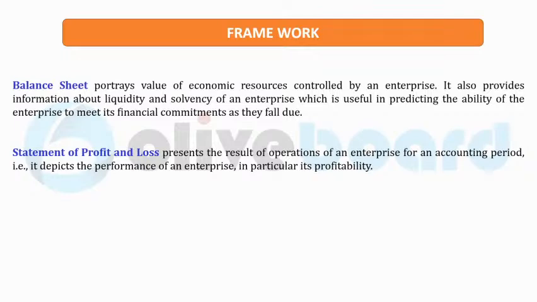So, what is meant by balance sheet here? The balance sheet will always talk about your liabilities and your assets. That's it: what you own and what you owe. Owe means my liability.